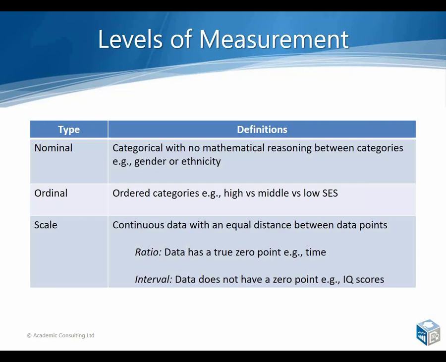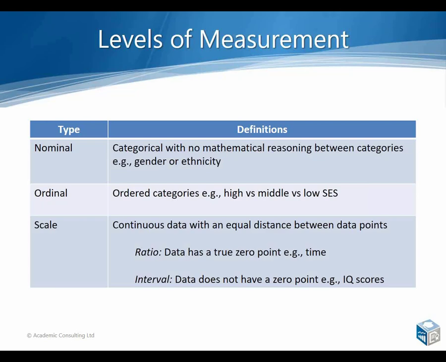And the key characteristic of scale level data is it's continuous data and there's an equal distance between data points. So the distance between a 10 and an 11 is the same as the distance between an 11 and 12, or the difference between 10 to 15 is the same as 15 to 20.